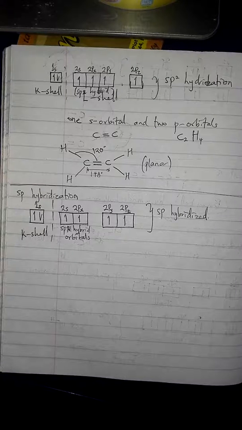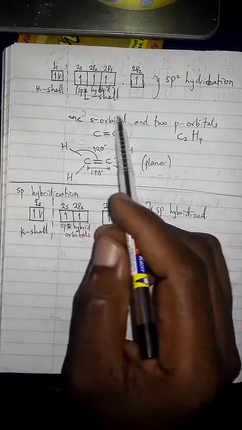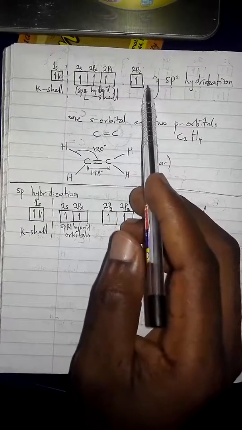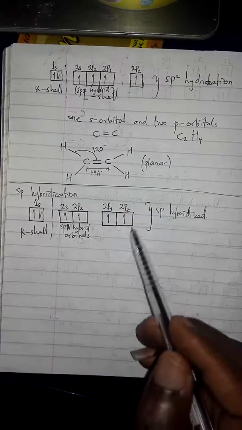Earlier we saw that sp2 hybridization leads to the formation of unsaturated organic compounds, due to the presence of one unhybridized orbital, if you like. In this case, there are two unhybridized orbitals.